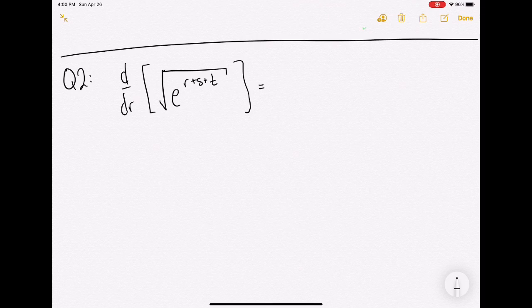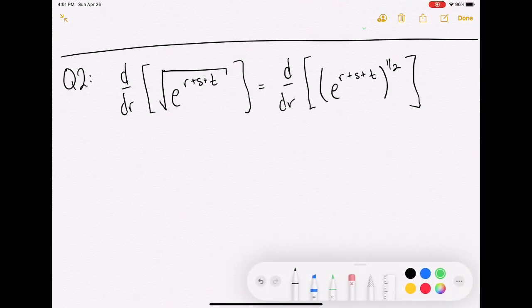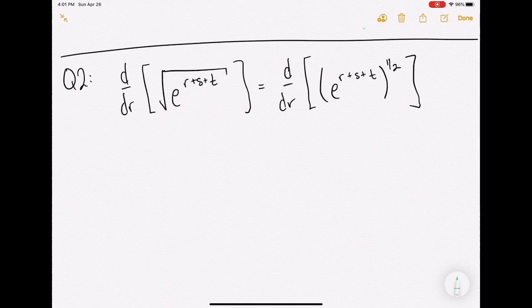And just as before, I'm going to rewrite this just a little bit before we try to take our derivative. Everybody definitely agrees with me here that we should rewrite a square root as a 1/2 power. So this is chain rule. And that's all it is, right? It's chain rule.